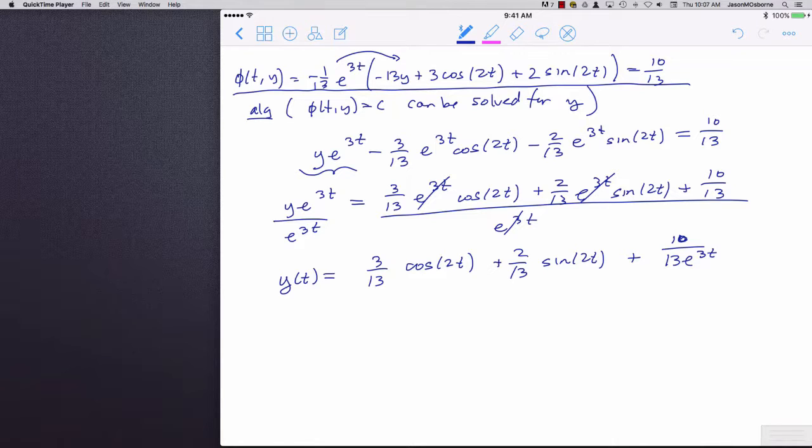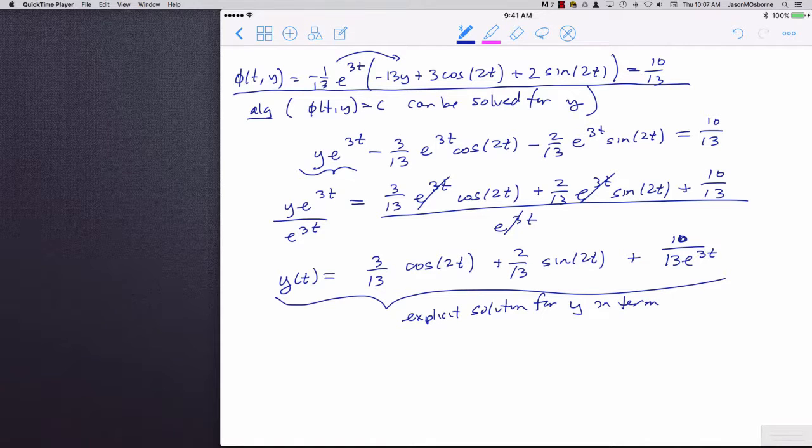So there is your explicit solution for y in terms of the variable t. And this solution, y of t, solves the initial value problem.